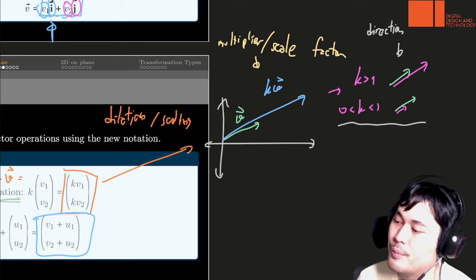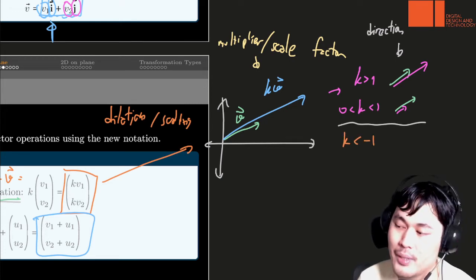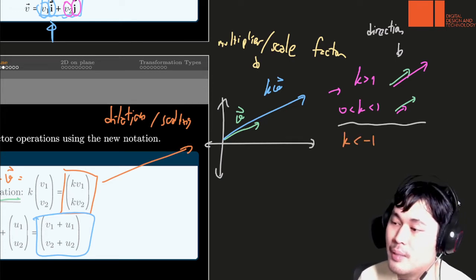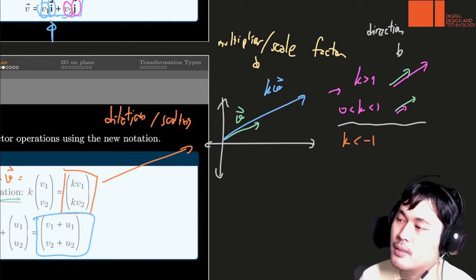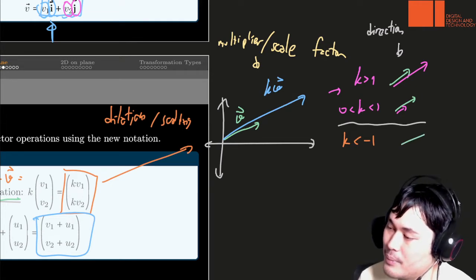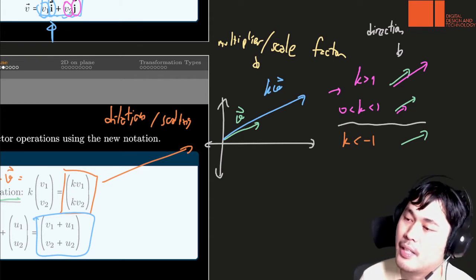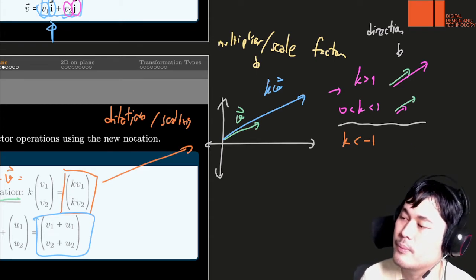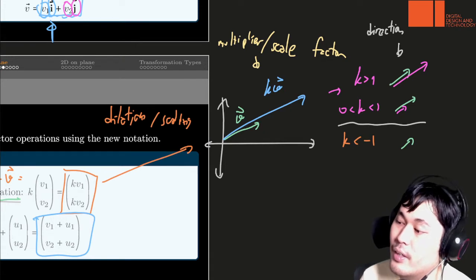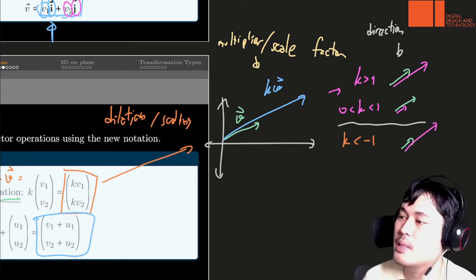On the other hand, if k is less than -1, if this number is a negative number, you can think of it in two steps. First we have a scaling by a positive number.